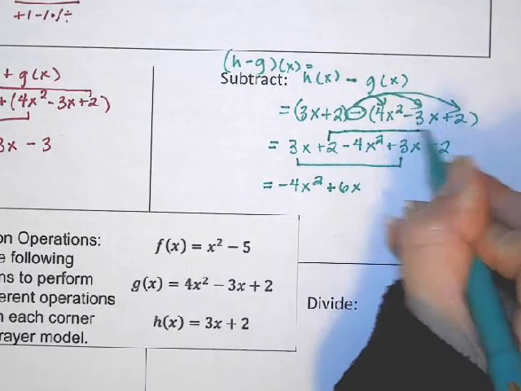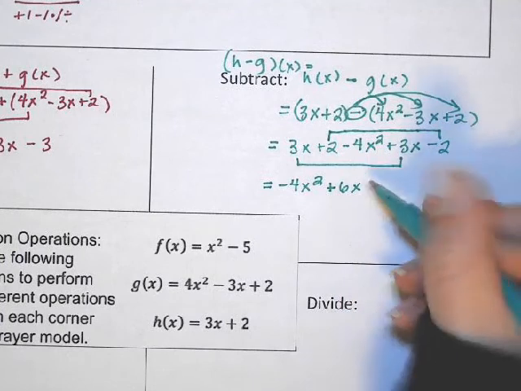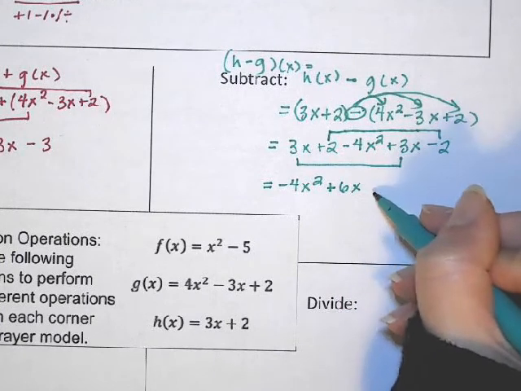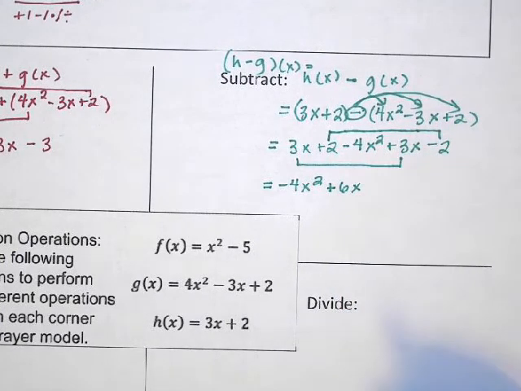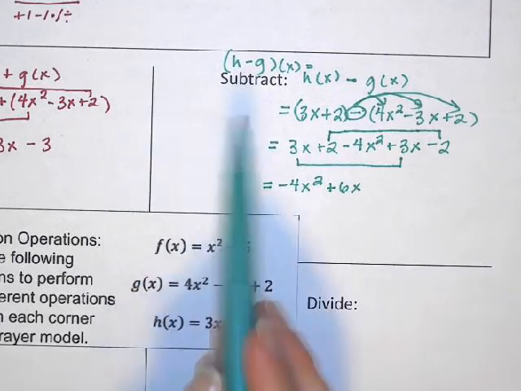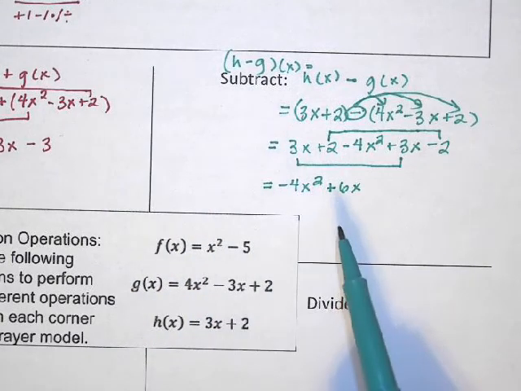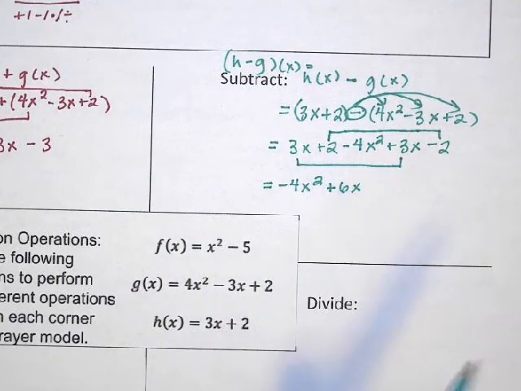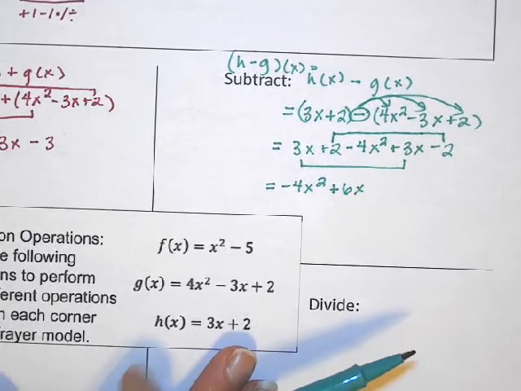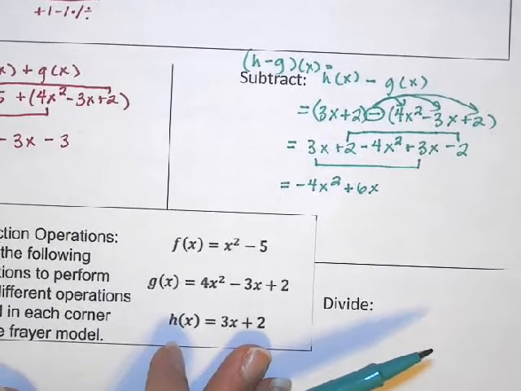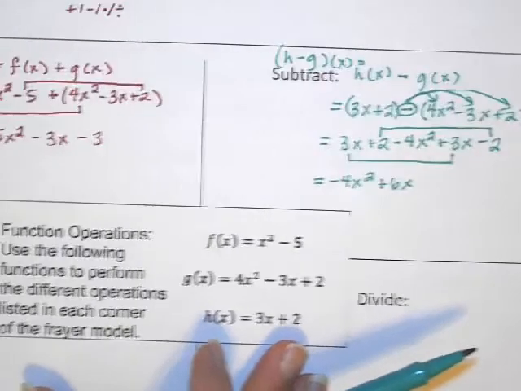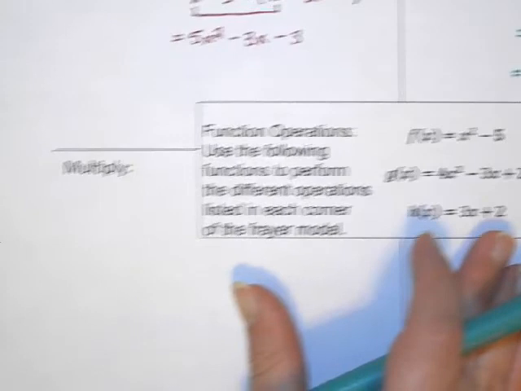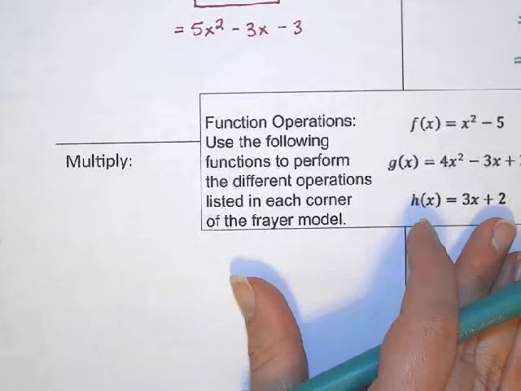And then the 2 and the negative 2 is going to equate to 0. So I don't need to fill in plus 0, but if you want to, you can. So if I do h minus g of x, this would be the appropriate outcome here. I'm going to go ahead and move on to multiplication. If you need to press pause, please feel free to do so.